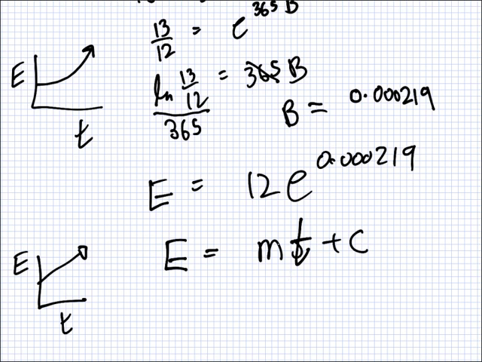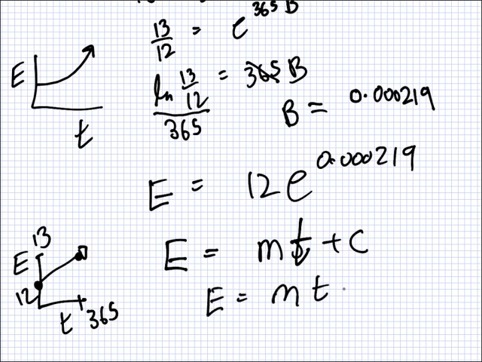It's time. Now remember that this point here is 12, and this one, 365 days later, is 13. What's the easiest thing to get in this formula? c is 12, isn't it?